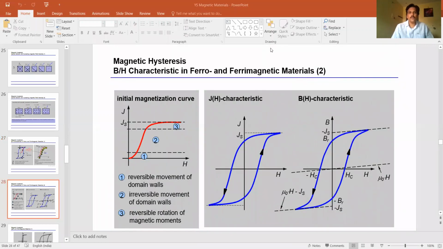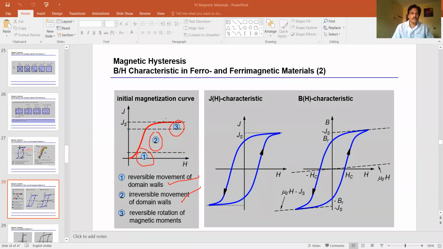So this is the J-H curve, M-H curve or I-H curve. This is reversible movement of domain walls, first, region 1. Irreversible movement of domain walls, region 2. Reversible rotation of magnetic moments. They reach the saturation value.